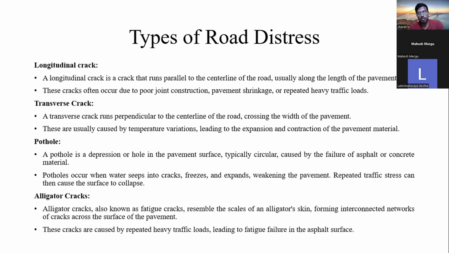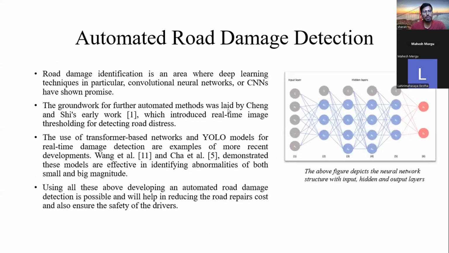Even during winter, the roads contract due to the ice and snow which falls on them, and this also leads to potholes. Alligator cracks are mainly due to heavy repeated traffic loads. Those are the types of distresses, and the next part will be continued by my teammate Lahiri.